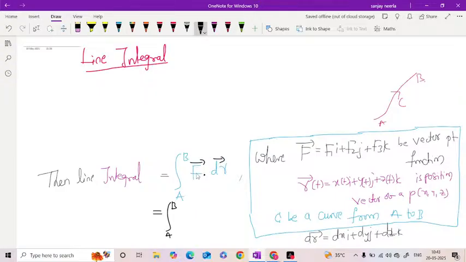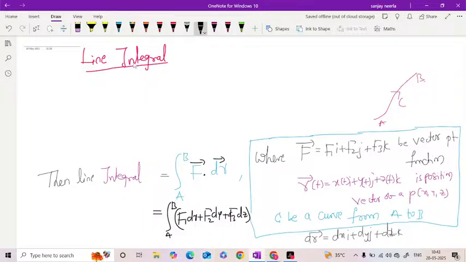F is the vector point function and dr is a vector. After multiplying we will get f1 dx plus f2 dy plus f3 dz. Now this is the second form of the line integral.